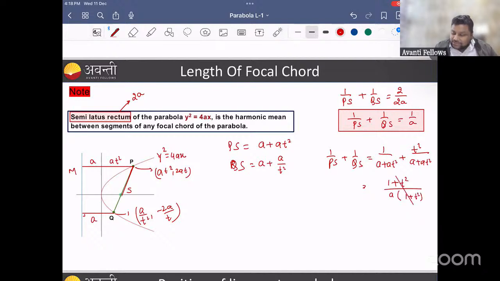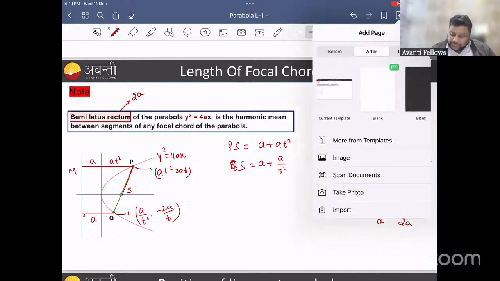Now this is cancelled, so I get 1 by a. Got it? To which I can write 2 by 2a. So a very important point: semilatus rectum is the harmonic mean between the segments of the focal chord. Got it? Now let's do 2 or 3 questions over these properties.